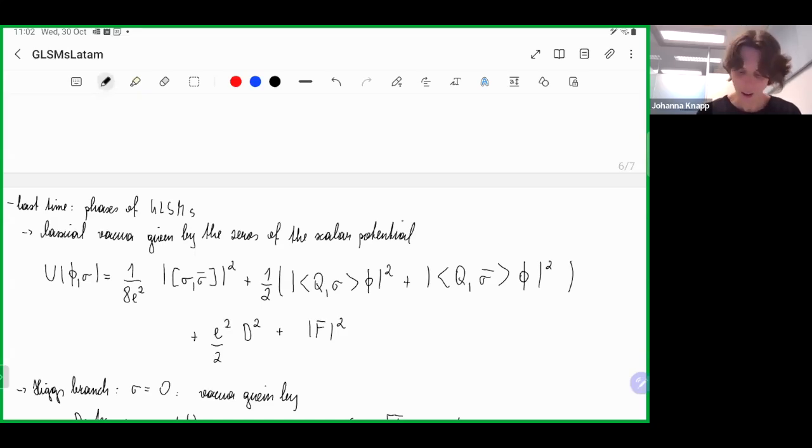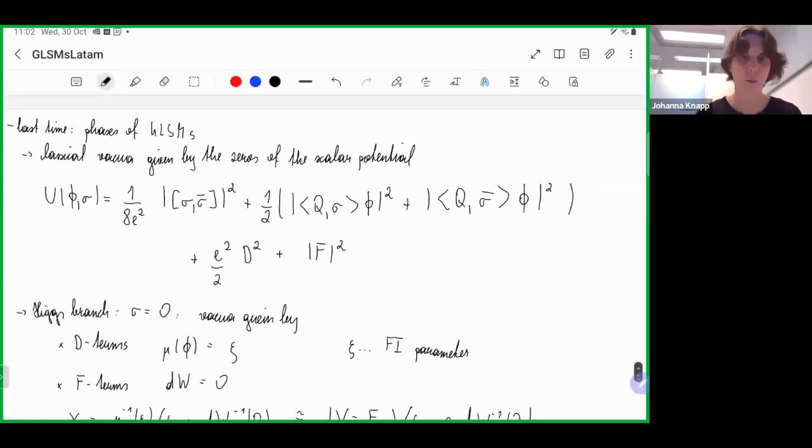Okay, that said, let's come back to the main messages from the last lectures. So we were talking obviously about gauge linear sigma models. And basically the only thing I did 2 days ago was to set up the most basic data of the theory, which is the field content, the symmetries, and the last thing we did was to study the classical vacuum structure of the theory.